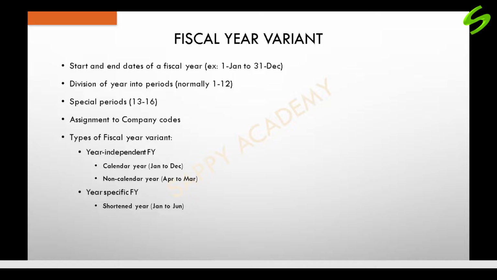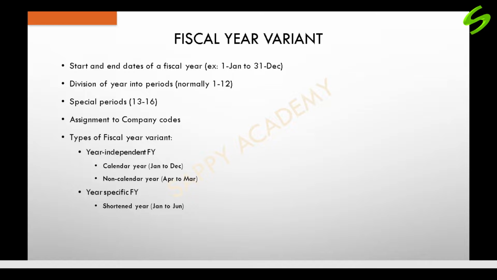This type of fiscal year can also have more than 12 periods, for example, each calendar week as a period, or every 2 calendar weeks as a period. Another interesting thing to know here is that the periods don't need to be equal among themselves. Some can be longer than others. Year-specific fiscal year variants. This type of fiscal year variant can be different year on year.